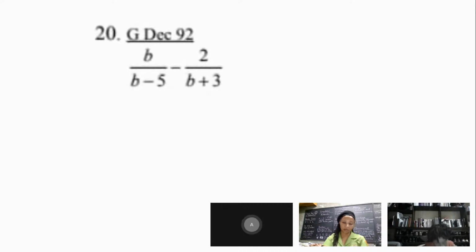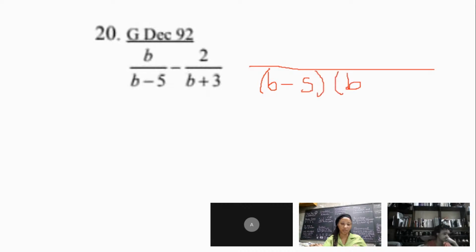So the LCM is b minus 5 times b plus 3. And b minus 5 into the LCM goes b plus 3 times, so b times b plus 3 at the top.